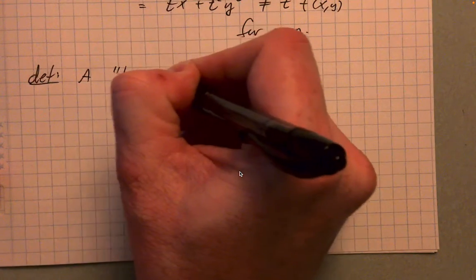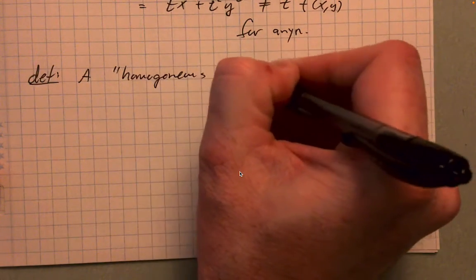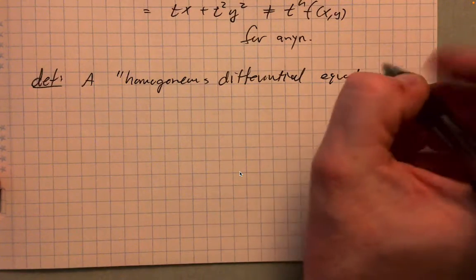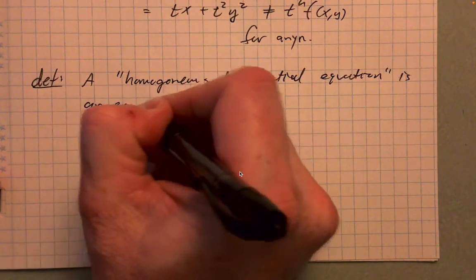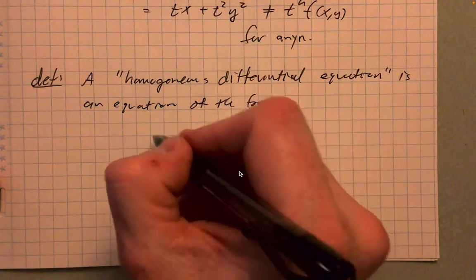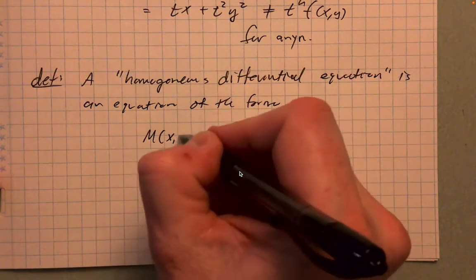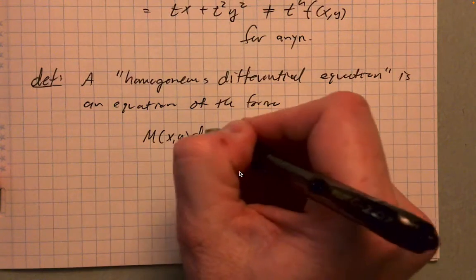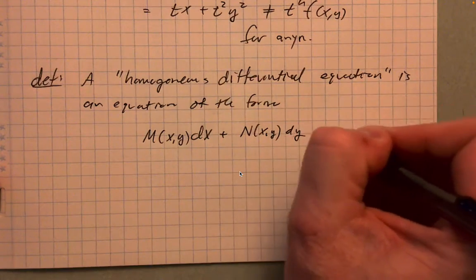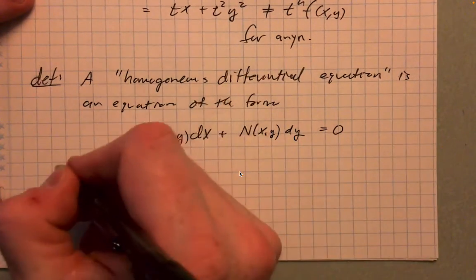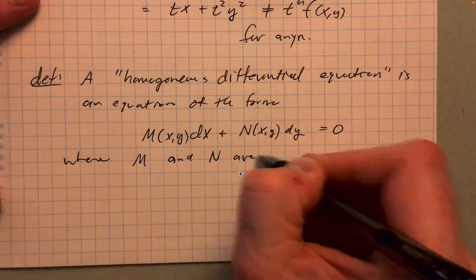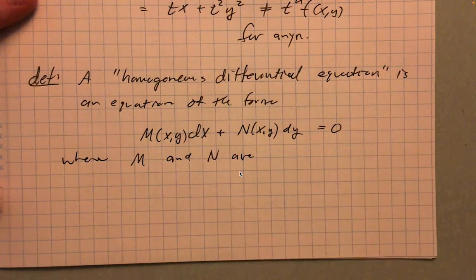A homogeneous differential equation is an equation of the form m of xy dx plus n of xy dy equals 0, where m and n are homogeneous functions of the same degree.